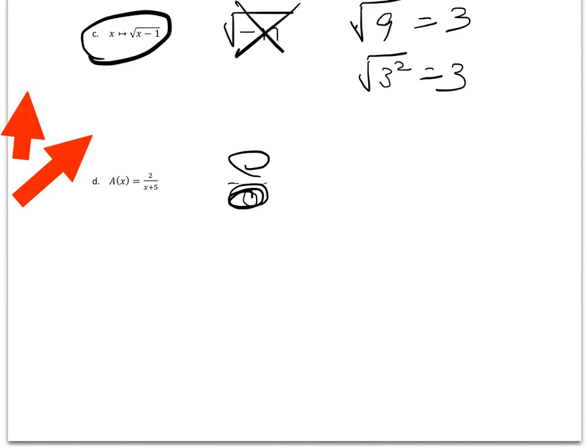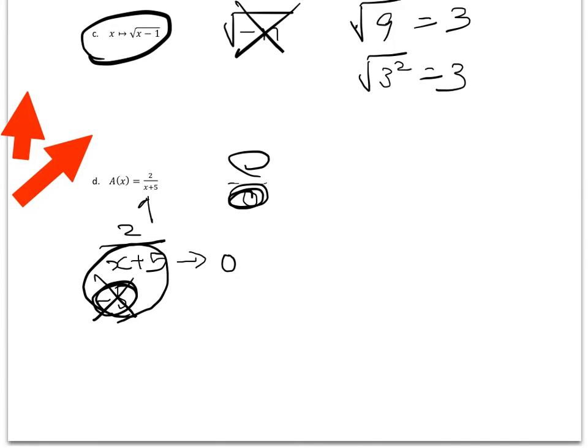So if you have 2 over x plus 5, for example, if the denominator gets to 0, that's the only case you cannot put. If you put negative 5 for x, the denominator will be 0, which doesn't make any sense. So negative 5 is the only number you cannot put in this function.